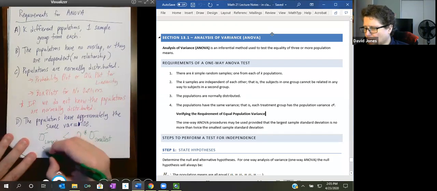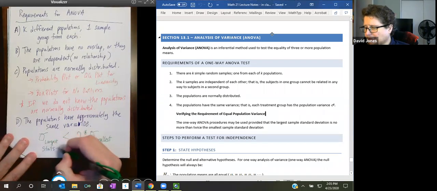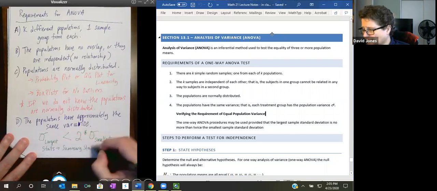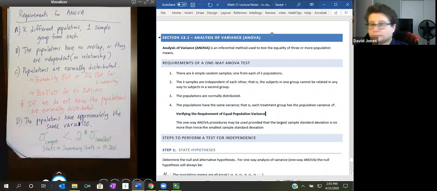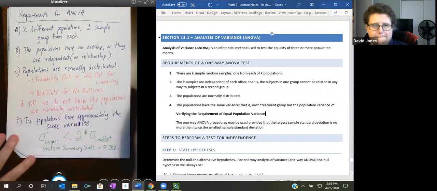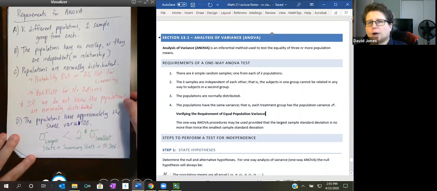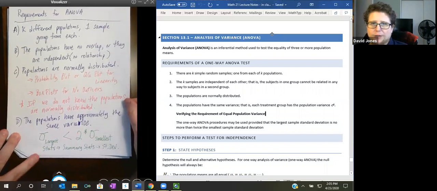So to do that, we will go to stats, summary stats, and we'll look at standard deviation and compare. Once the requirements have been met, we can go into our test.